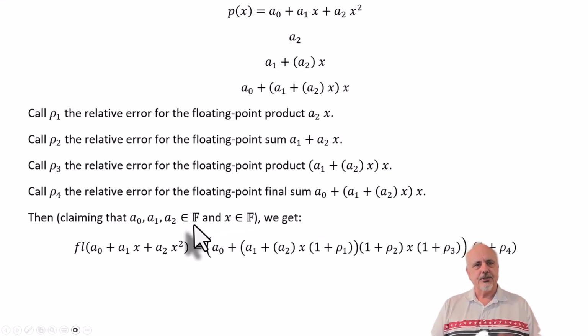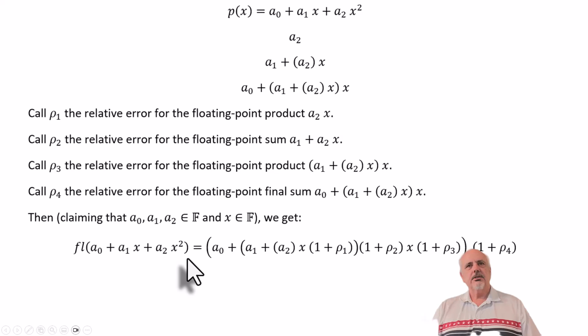Okay, so I'm going to start. Just to make sure I declare this, my coefficients are going to be floats, and my x is going to be a float. All right, so I want to figure out what the error bound is going to be for this, just like we did earlier.